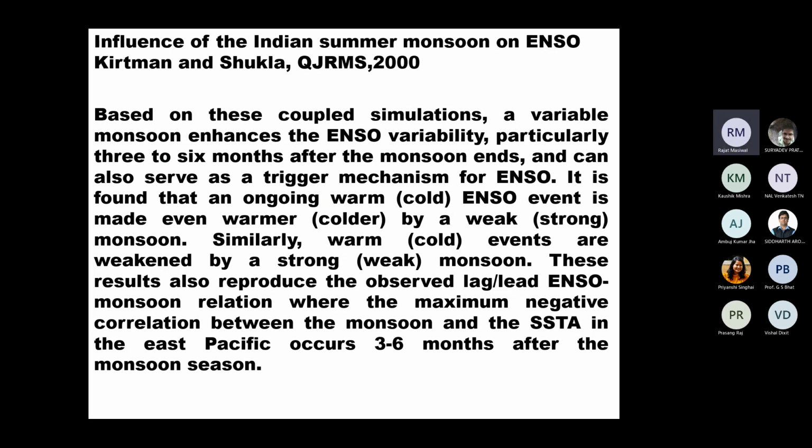So they are able to show that if monsoon fails over India, the developing El Nino becomes stronger. Okay. And similarly, if there's a warm event in the Pacific and Indian monsoon is above normal, it will weaken that. Although this was not true in 1997, but that may be an exceptional case.